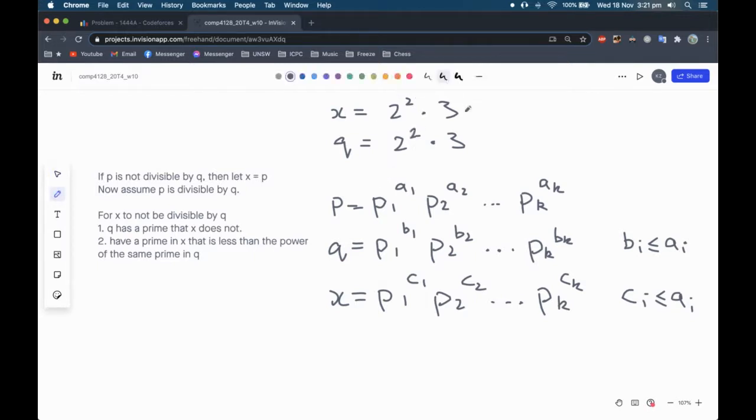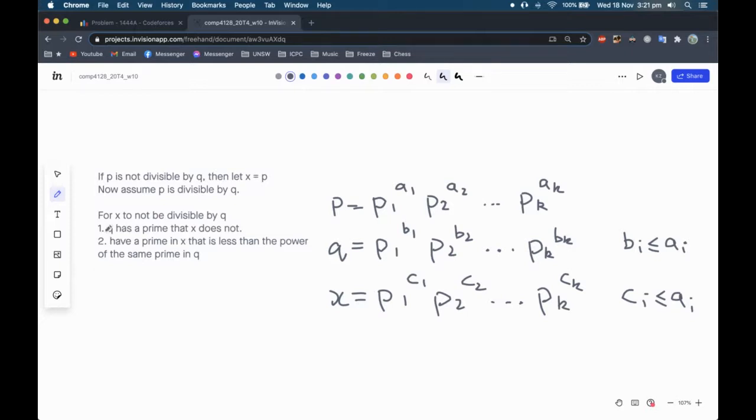If all the primes' powers are smaller than or equal, so for example 2 is smaller than or equal to 2 and 1 is smaller than or equal to 2, then of course we have divisibility, which is what we touched on before. So these are the two ways that x is not divisible by q.